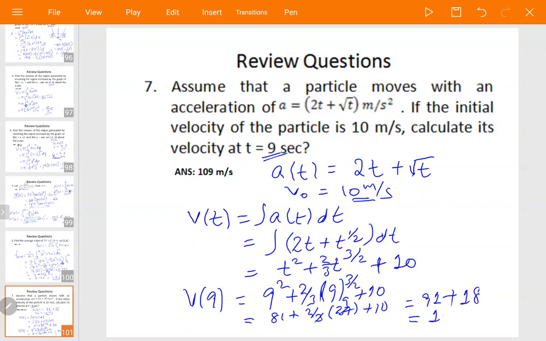And the sum will be 109. Therefore, this is the instantaneous velocity of this moving particle at time t equals 9 seconds. And the unit, of course, is meters per second.